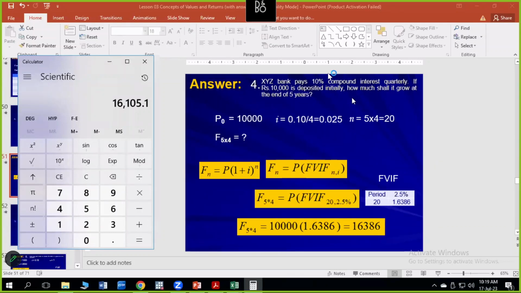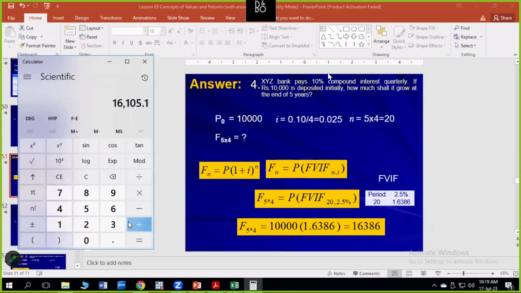But if it is compounded quarterly, that is interest on interest, so your deposit is growing very fast. So it gives more value. 16,386 by quarter.